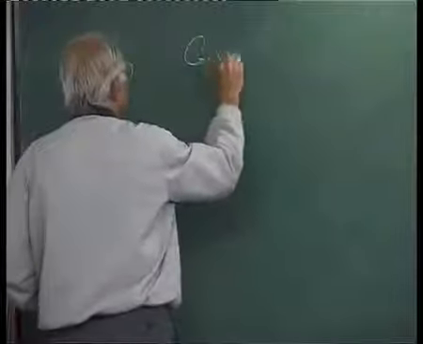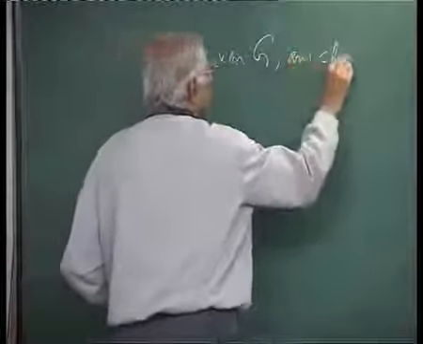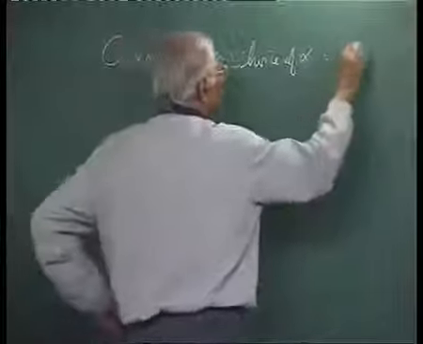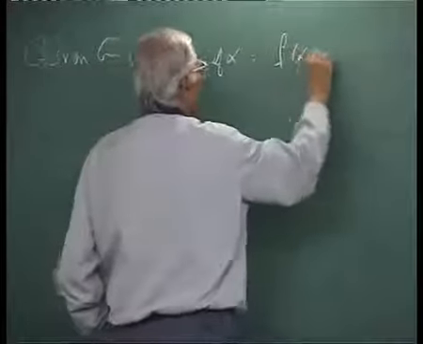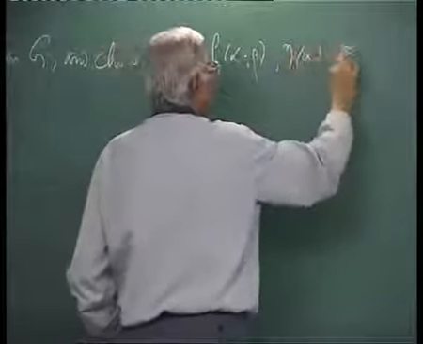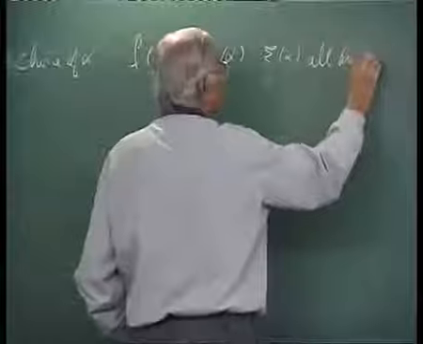So we will say, given G and choice of alphas, f, eta, psi are all known. Correct?